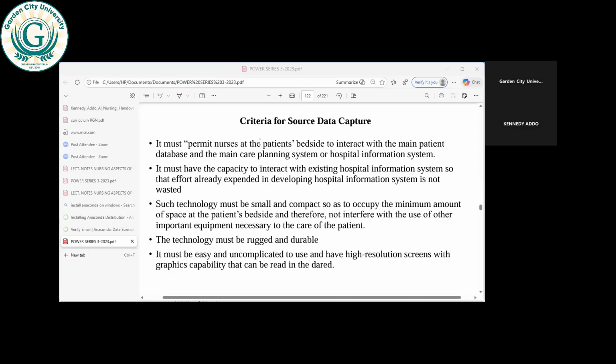What I mean here is that the technology that you design should be so compact, also cute, small. We are looking at space. So whatever is going to be a hindrance, you make sure those are prevented. And that is why in the first slide that I showed you, you notice that these monitors are being mounted on top of what? The patient bed.